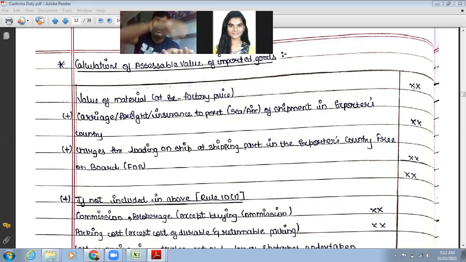From there, the dockyard or airport will be at some distance. So again, you have to incur certain cost to take the goods from the ex-factory to the shipment place, dockyard or cargo, etc. That incurs additional cost of carriage, freight, insurance, taking the goods from the ex-factory to the place of shipment of the exporter's country.